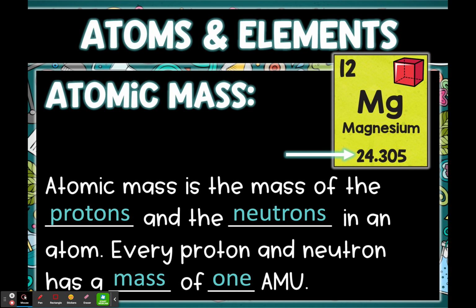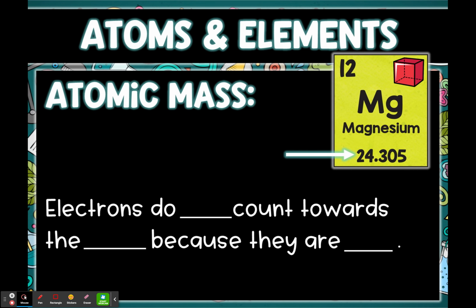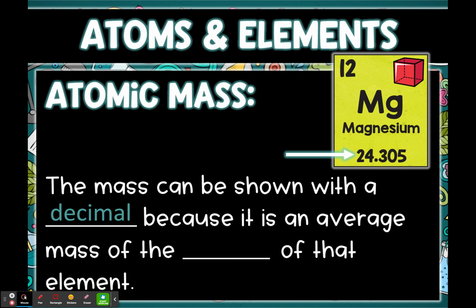So if you add up the protons plus the neutrons, typically you will get the atomic mass. Electrons do not count towards the mass because they are tiny. The mass can be shown with a decimal because it is an average mass of the isotopes of that element, and we'll learn a little bit more about isotopes later.